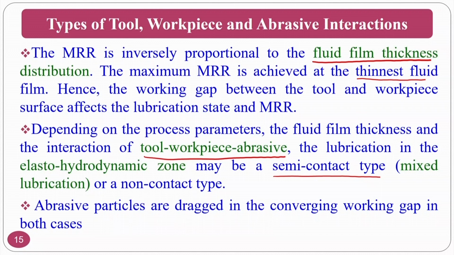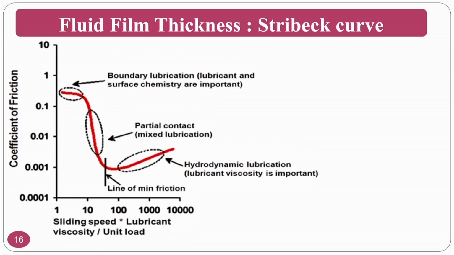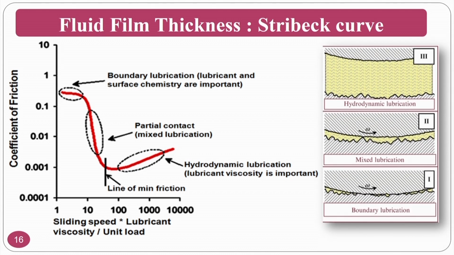So what is meant by this semi-contact type or mixed type of lubrication or the non-contact type? If you see the basics of the Stribeck curve and other things, you can easily understand what boundary lubrication, mixed lubrication and hydrodynamic lubrication are. If you plot sliding speed versus coefficient of friction, the first one is boundary lubrication.